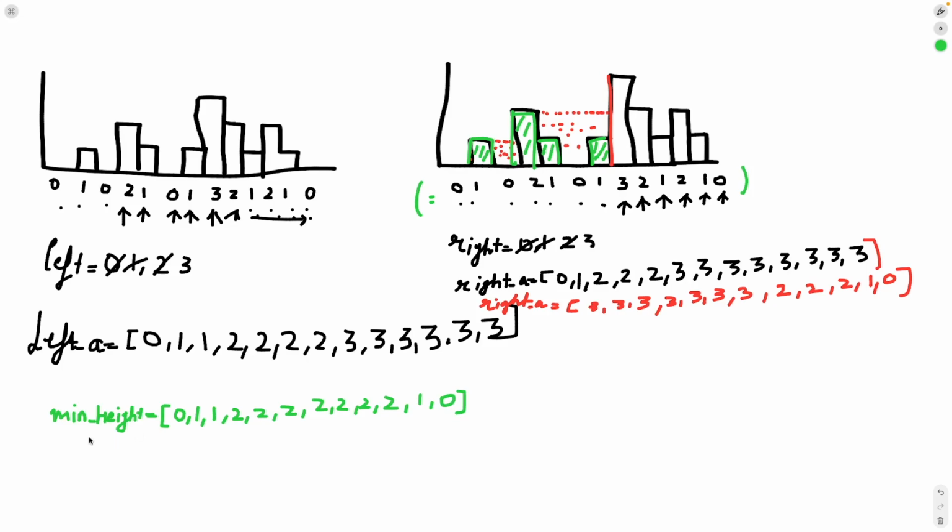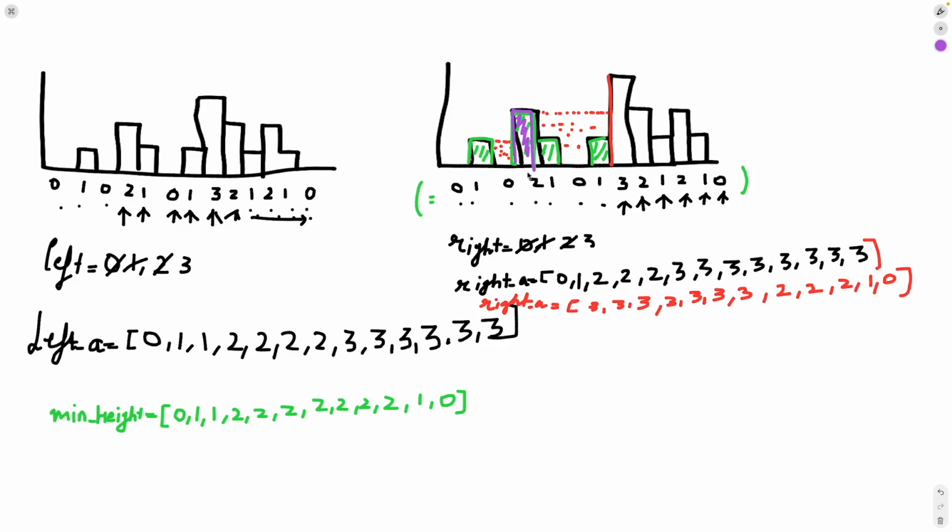And now I need to subtract these elements as well, as I explained. So I need to subtract the height of each of these to get the water that is stored, right? Because right now, for this area, it's calculating that 2 units of water are stored here, because it's not minusing the height of this.